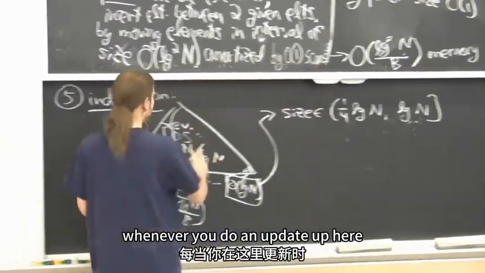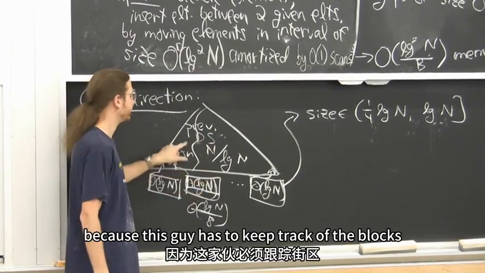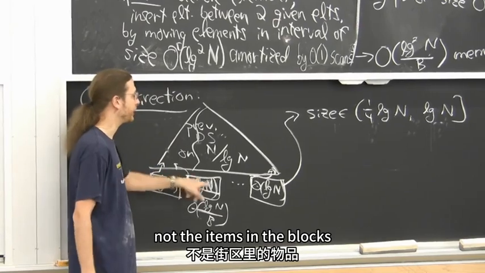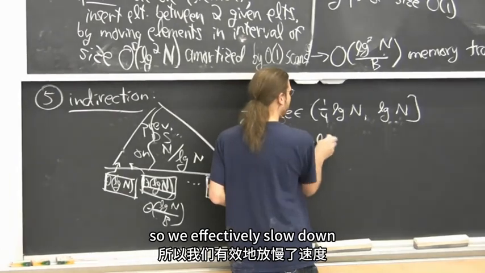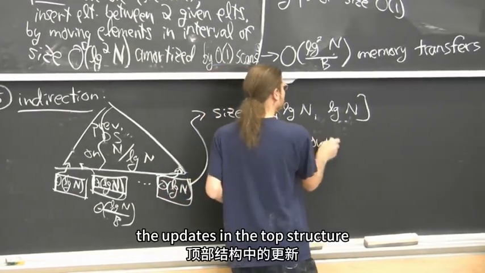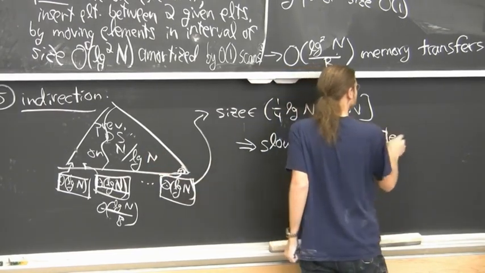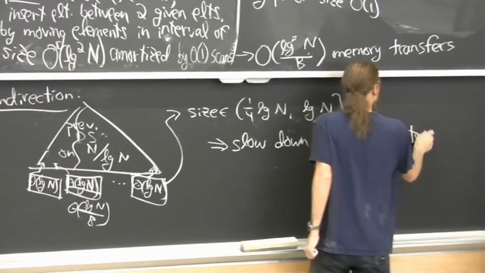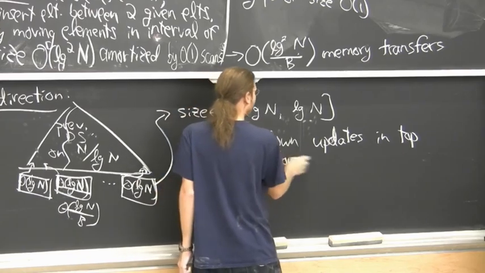We update up here every time we split or merge down here, because this structure has to keep track of the blocks, not the items in the blocks. So we effectively slow down the updates in the top structure by a factor of log n.